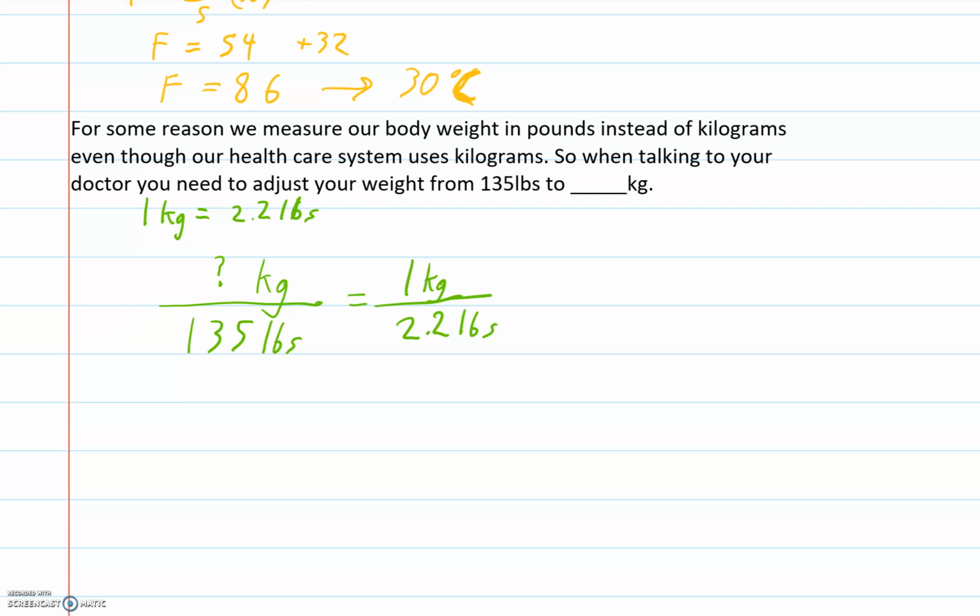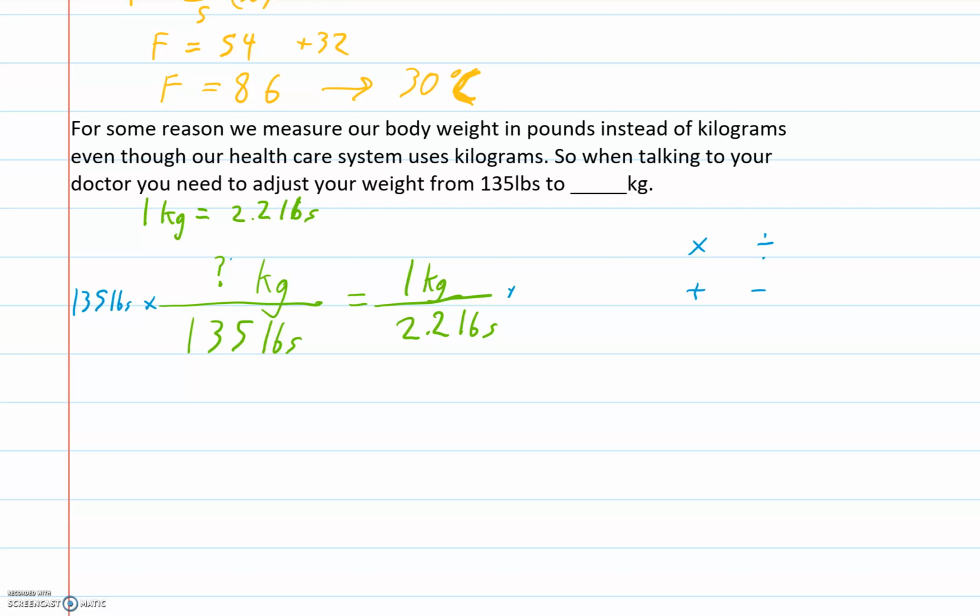All right, so now we need to get our unknown by itself. This is our unknown. We want to get it all by itself, so we use opposite operators. So opposite of multiplication is division, opposite of division is multiplication, opposite of addition is subtraction, and subtraction is addition. So we are dividing by 135, so we need to multiply by 135 pounds.